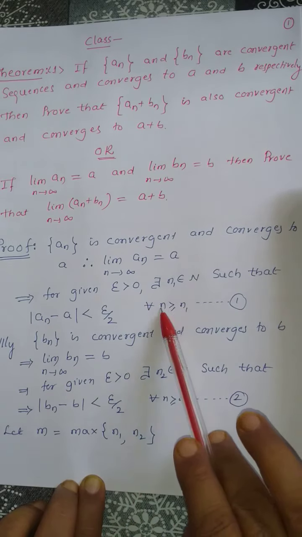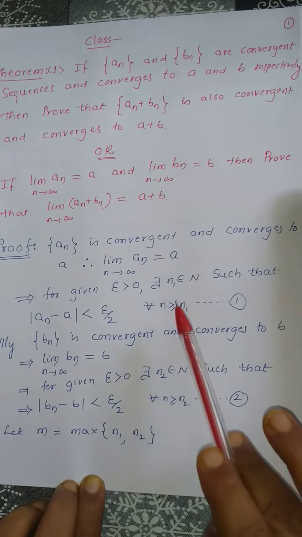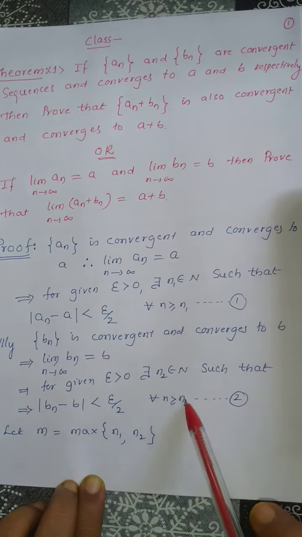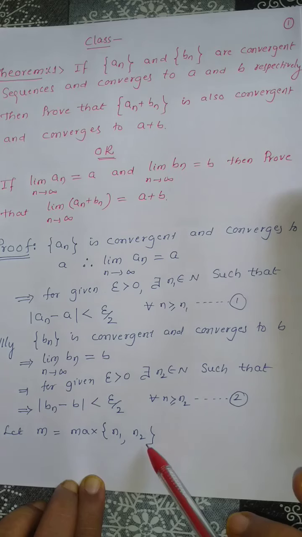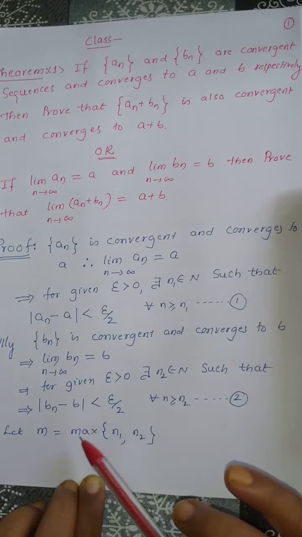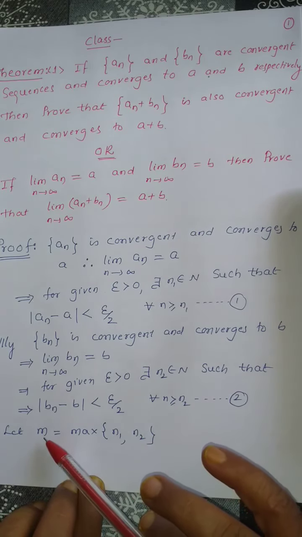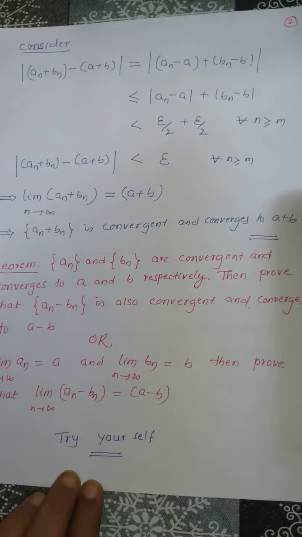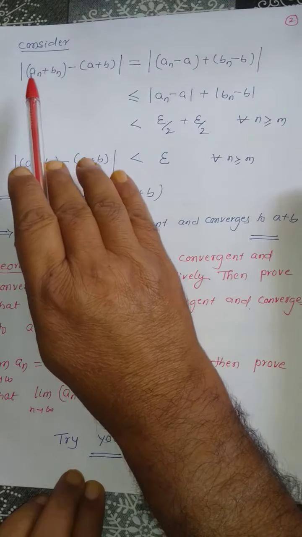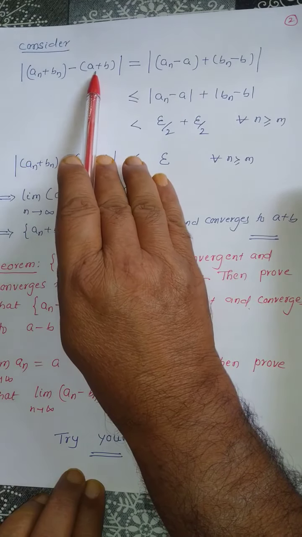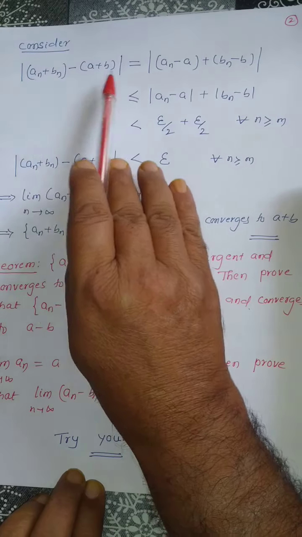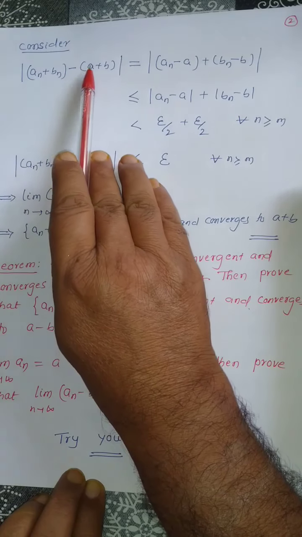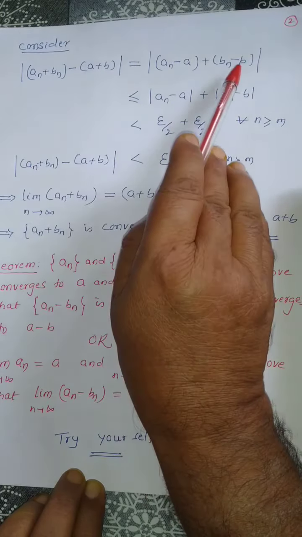So as n is greater than these two numbers, between these two, one number is the maximum, maybe n1 or n2. I will take that bigger number, m, as the maximum of n1 and n2. Then consider the modulus of an plus bn minus a plus b. Rearrange it: an minus a plus bn minus b.